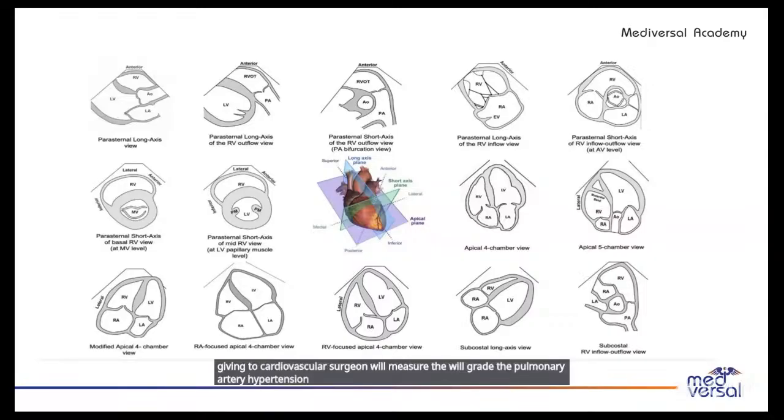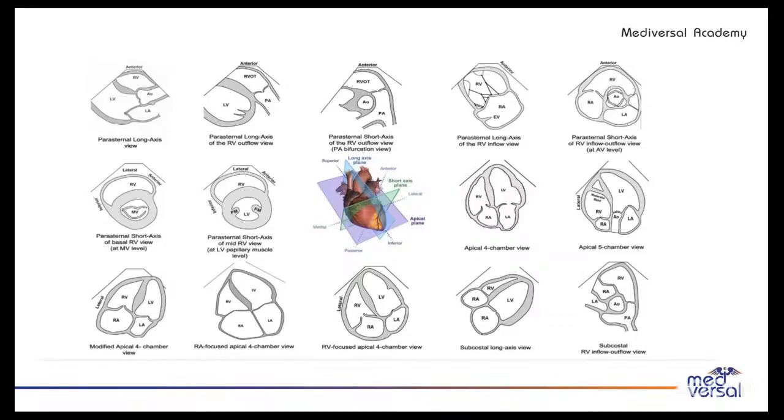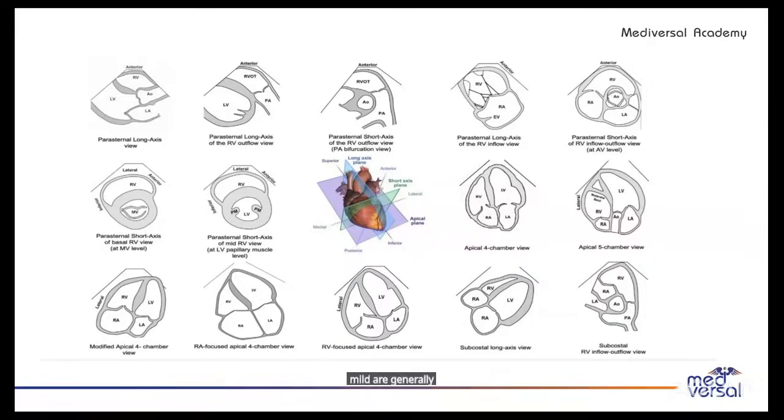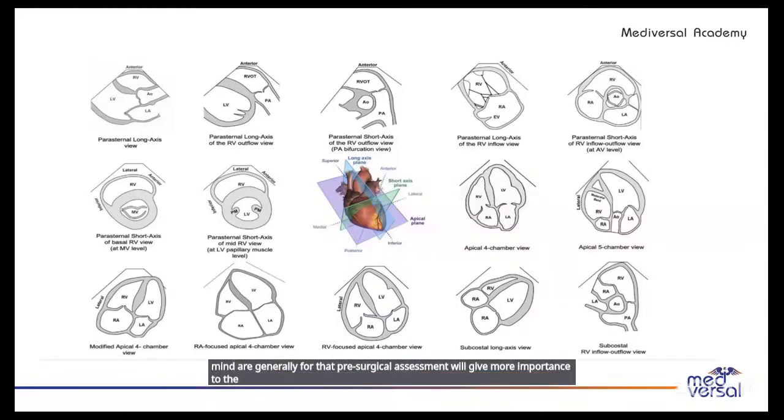And for pre-surgical clearances, for any major surgery, the anesthetist will ask for the assessment, whether the risk is moderate or mild, and we give more importance to the RV for measuring right ventricular systolic pressure.